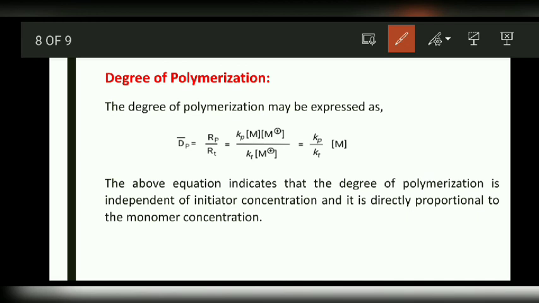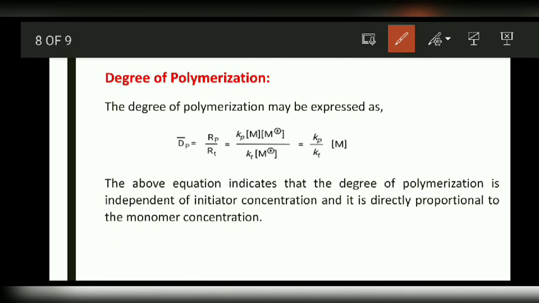So in case of cationic chain polymerization, the degree of polymerization will be the same as the kinetic chain length, right, and the degree of polymerization is expressed as dP bar is equal to Rp by Rt, that is the ratio of rate of propagation to the rate of termination.